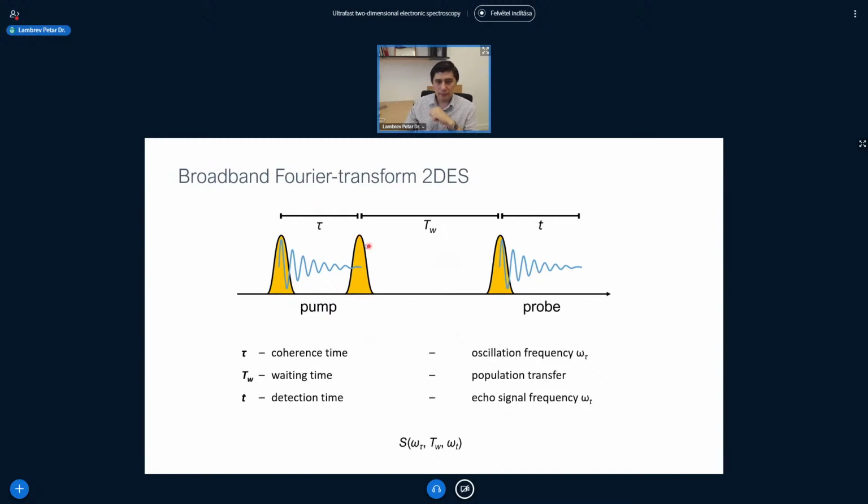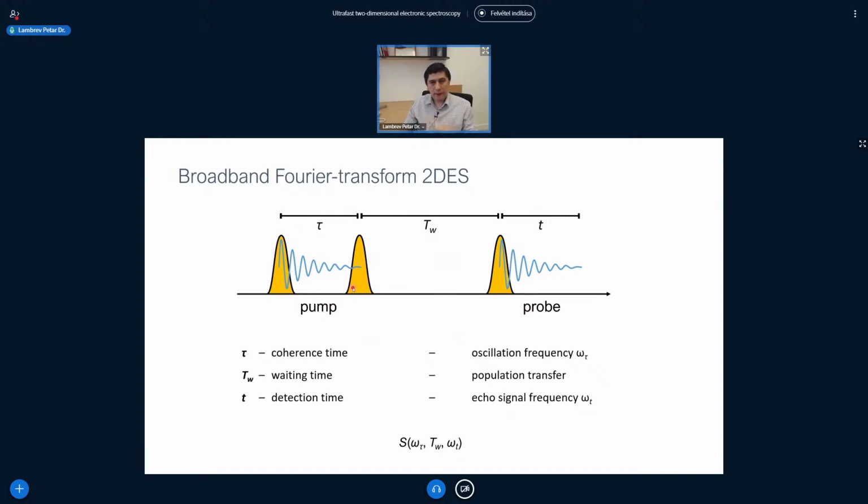So what does it mean? It means we send not one, but a pair of pump pulses, and now they are broadband, so they can be as short as we like. They can be a femtosecond short. So then we will have a time period, which is called coherence time, between the two pump pulses, and we scan over this time period, and then we will Fourier transform the signal as a function of coherence time to get frequency.